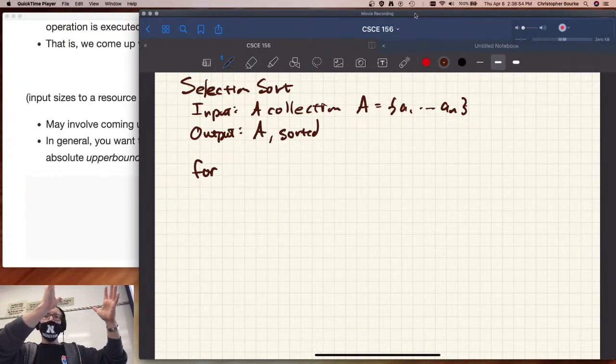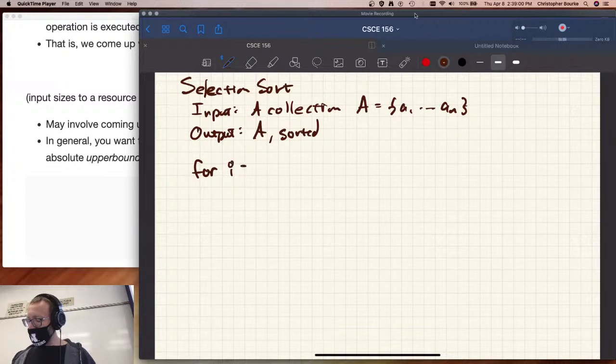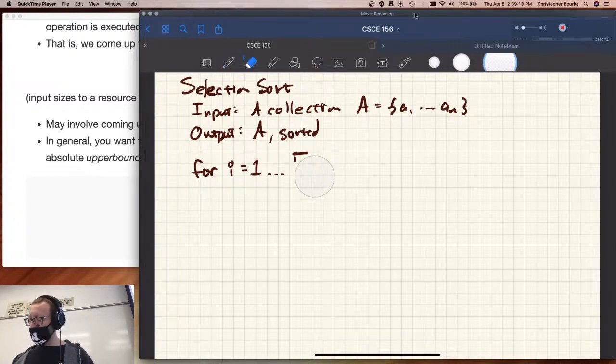Third iteration, you start at the third element and find the third smallest element, etc. So we start at I running from 1 up to something. What is that something? Remember, we didn't have to go all the way, right? Once the first n minus 1 of them were sorted, that last guy was where he needed to be. So we can stop when? N minus 1. Right?